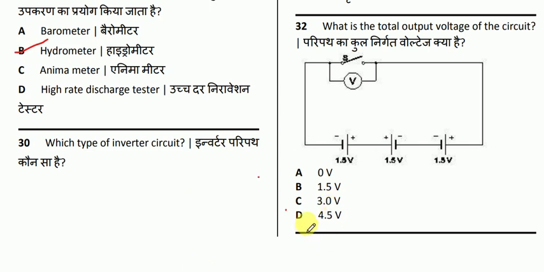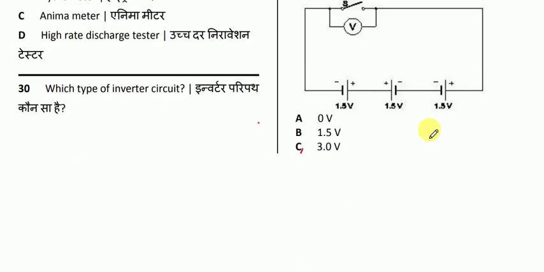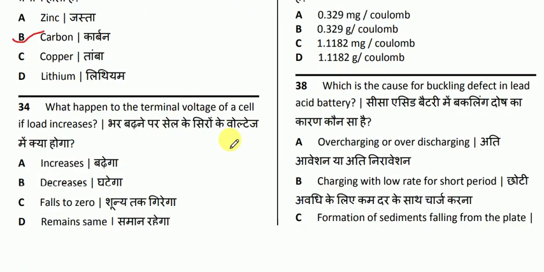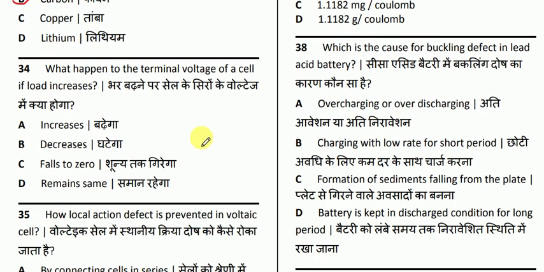Okay. Next, 33rd question. Which is used as the positive electrode in a dry cell? That is carbon. 34th question. What happens to the terminal voltage of a cell if the load increases?